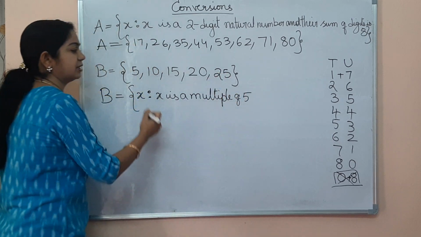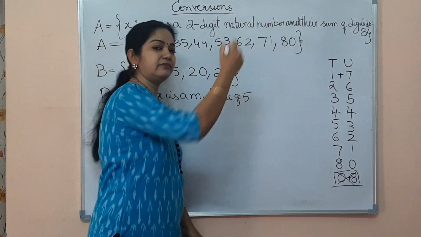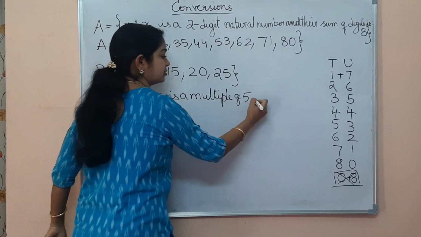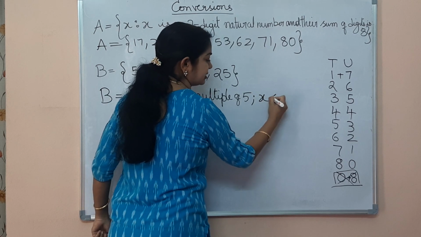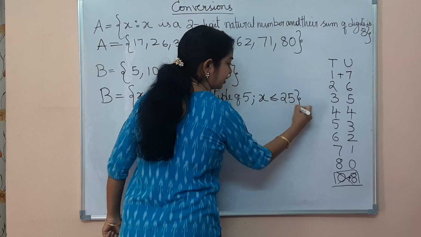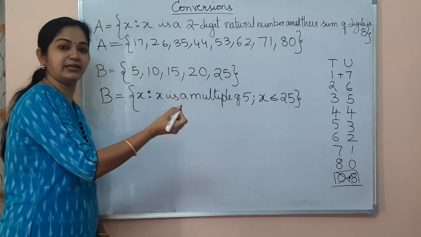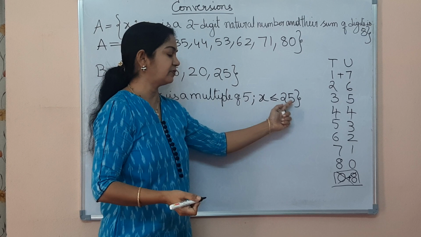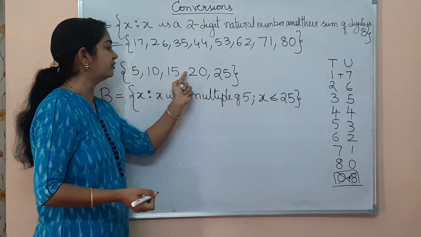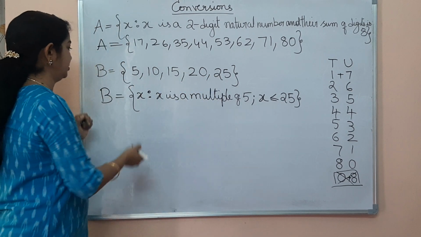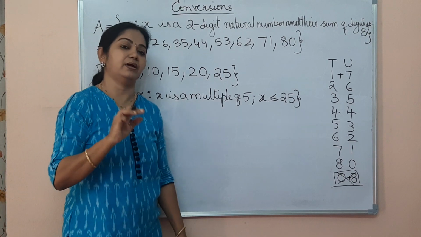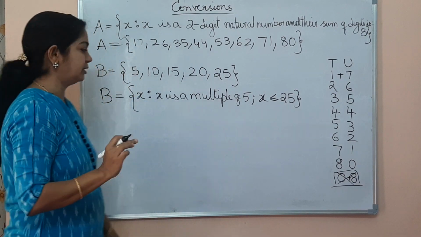And also the condition that multiples of 5 are infinite, 30, 31, but they have stopped at 25. So that condition we should also have, such that x is less than or equal to 25. Or you can simply say less than 26. So this condition is satisfied for each and every element of the set B. So these are conversions of the set builder to roster form and roster form to the set builder form.